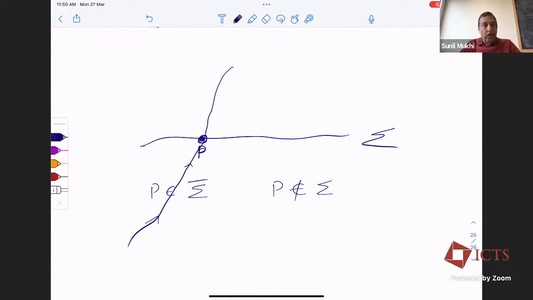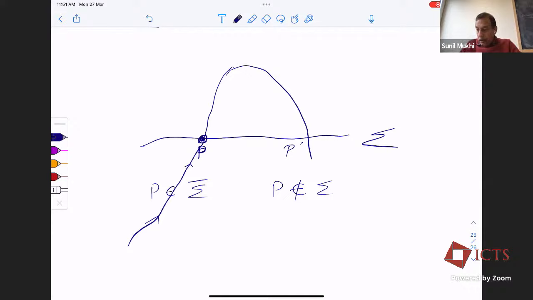Well, I'm guaranteed by Cauchy hypersurface and global hyperbolicity that this train must meet sigma anyway. So it obviously meets sigma here at P prime. Now what I seem to have set up is a causal path, even a time-like path from P to P prime on the Cauchy surface, but it's not, because P isn't in the Cauchy surface.